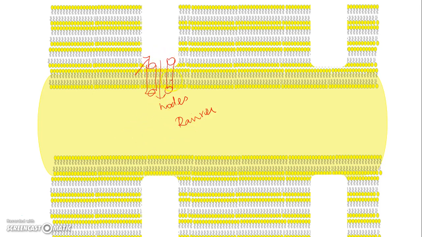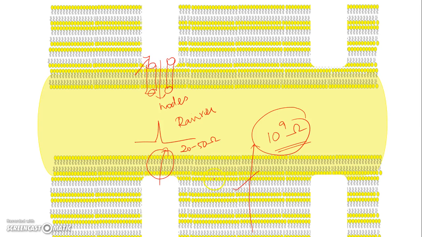So the action potential is initiated at the nodes of Ranvier. At these nodes, the membrane resistance is around 20 to 50 ohms, whereas in the myelinated segment, the membrane resistance is around 10 to the power 9 ohms. This shows the magnitude of increase in membrane resistance due to myelination.